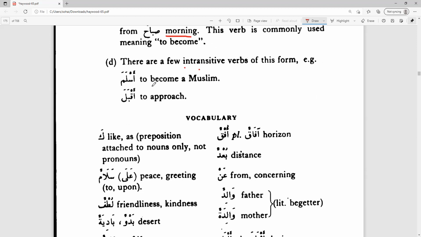For example, aslama, to become Muslim. So you don't have an object for that. Aslamtu, I became Muslim. Or aslama Zaidun, Zaid became Muslim, for example. And aqbala means to approach.